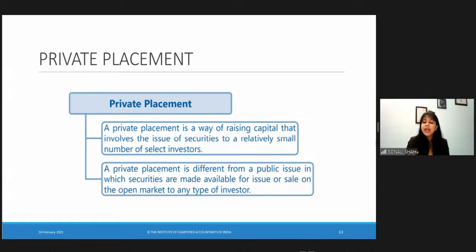So it is a way of raising capital that involves the issue of securities to a relatively small number of selected people, right? So you select the people, you decide on the person from whom you want to raise the capital, and you send the invite to them for the same purpose.